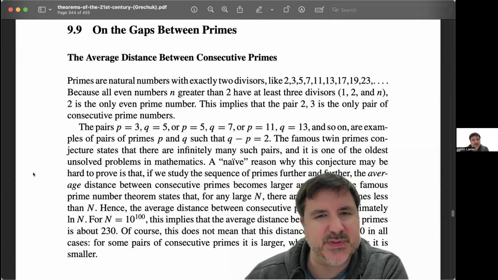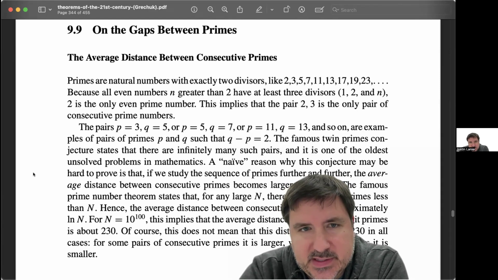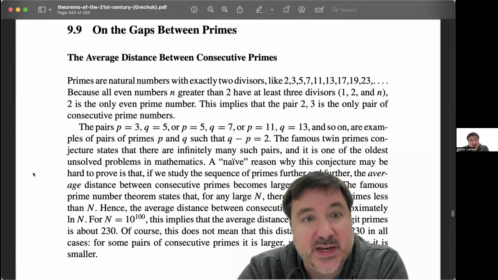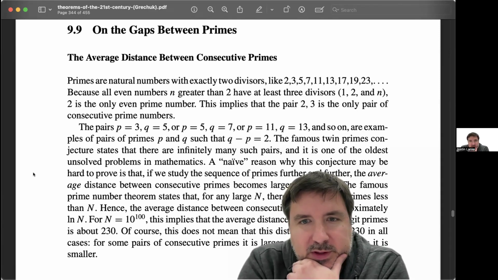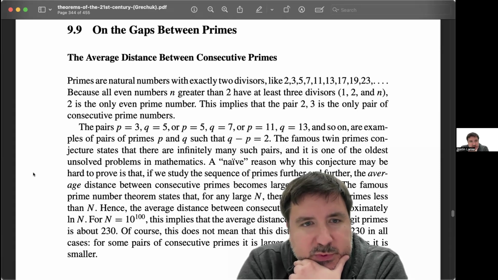I could try coming up with some more examples later, but this is saying that it's a conjecture. There are infinitely many of them. And this is one of the oldest unsolved problems in math. That's pretty cool. And a naive reason why this conjecture may be hard to prove is that if we study the sequence of prime numbers further and further, the average distance between consecutive primes becomes larger and larger.